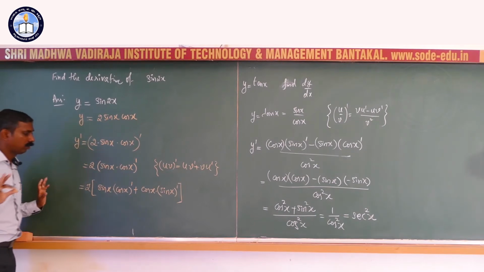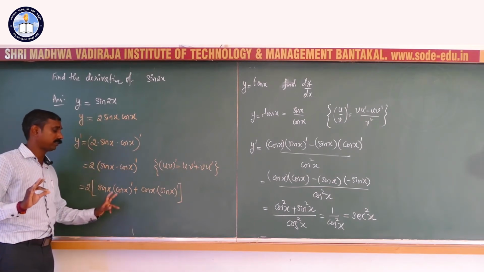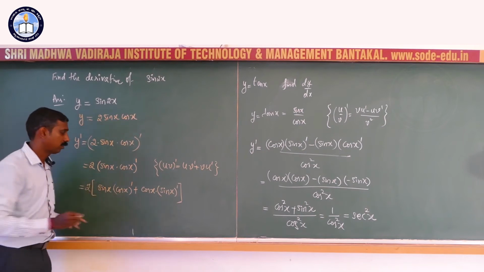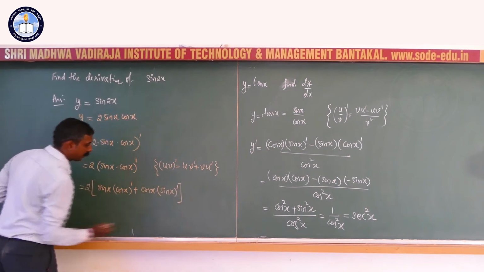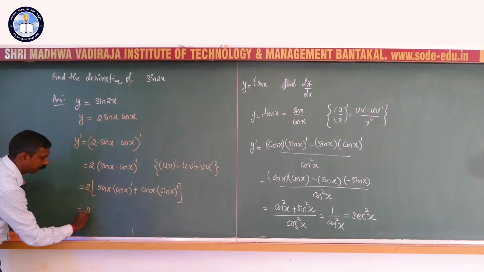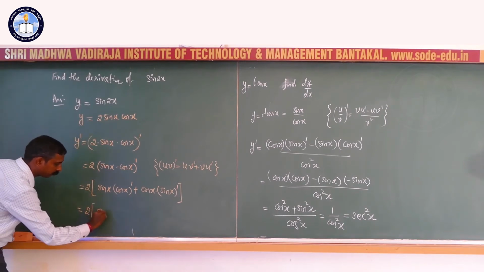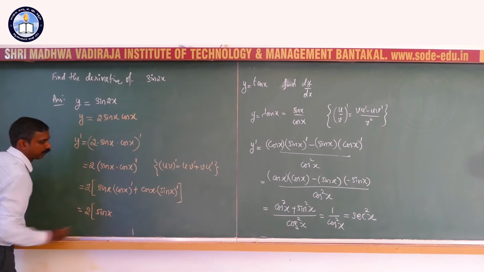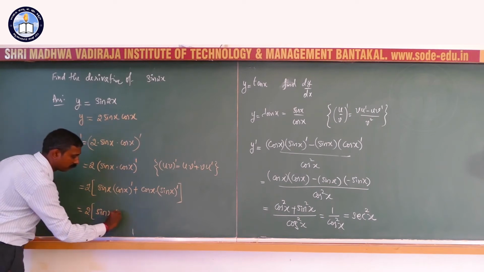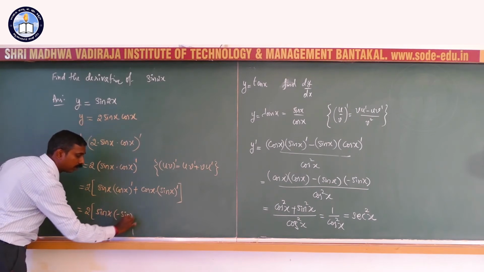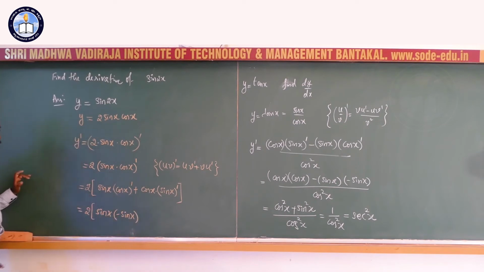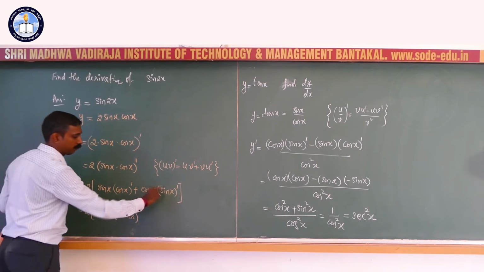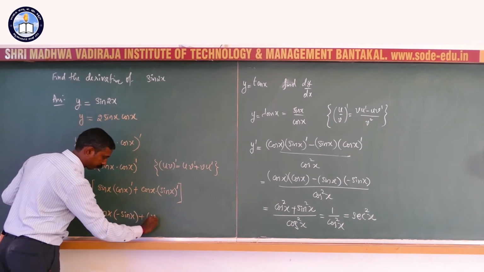We already studied the derivative of cos and sin. Therefore, we can easily write the derivatives of that. What is cos x derivative? It is indeed minus sin x. What about the derivative of sin x?